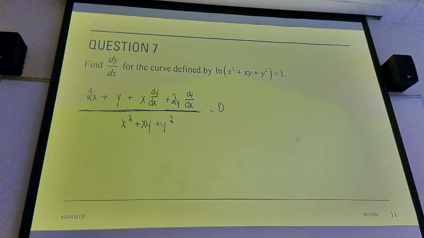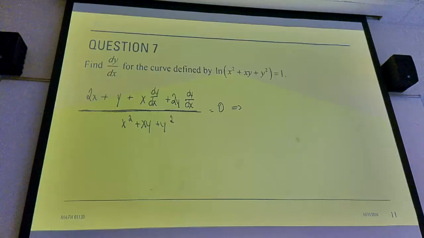If what's 0? Can the denominator be 0? No, because the domain of log does not include 0. So no issue. What do we do?